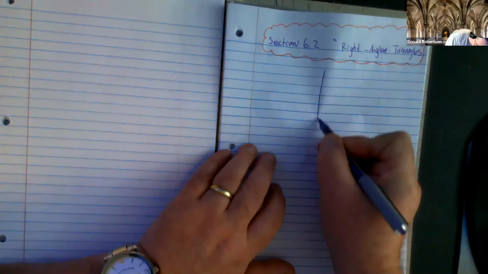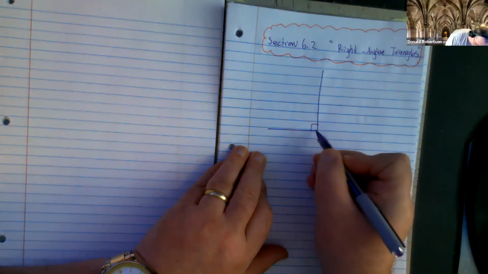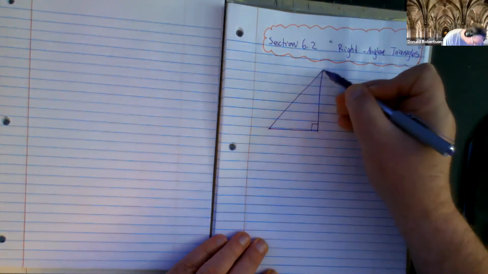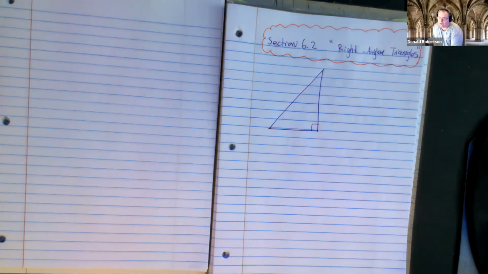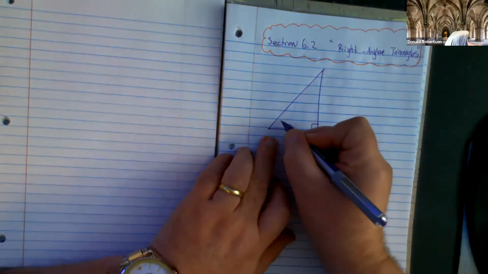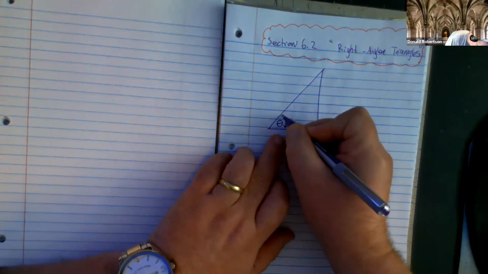A right-angled triangle is a very special triangle. It's one that has a corner angle of 90 degrees. And there is a pretty standard looking right-angled triangle. Now, in a right-angled triangle, I am going to choose one angle here to be the angle of interest.